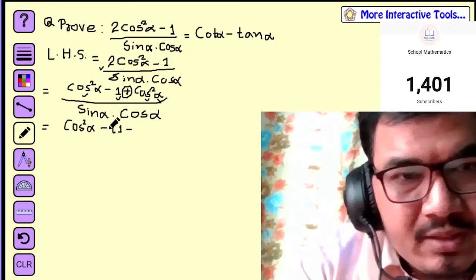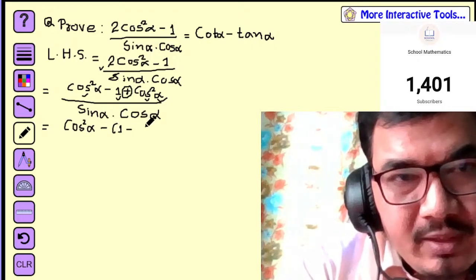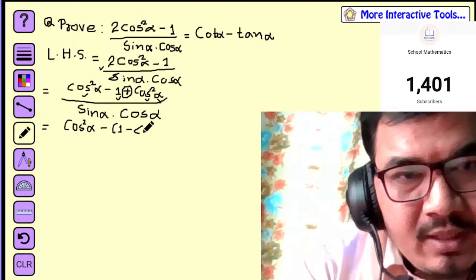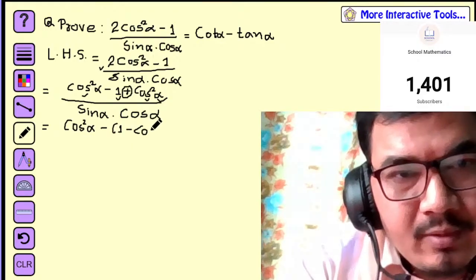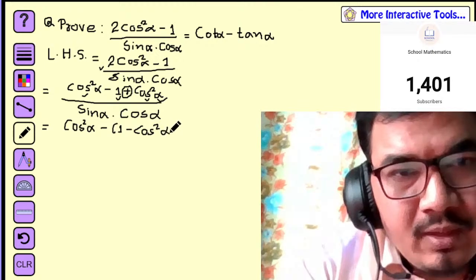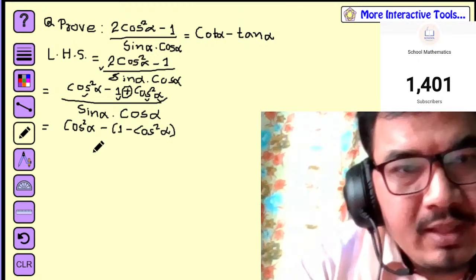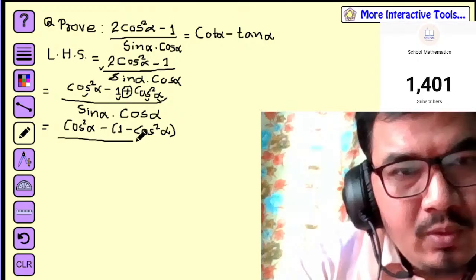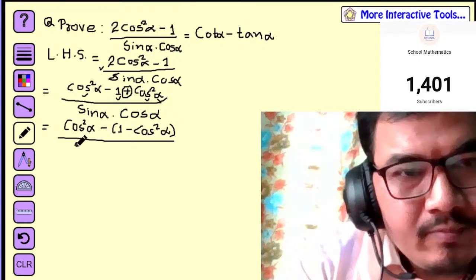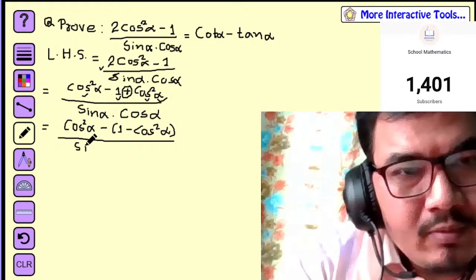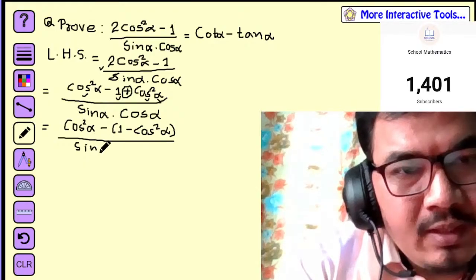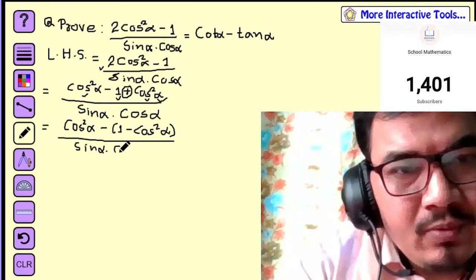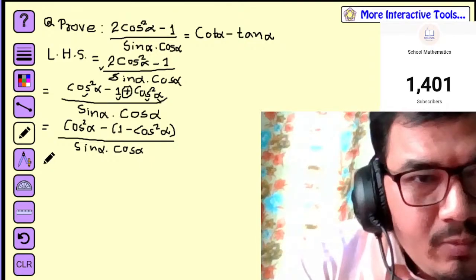Then inside the bracket there is remaining cos square alpha, and its whole upon sine alpha into cos alpha, okay.